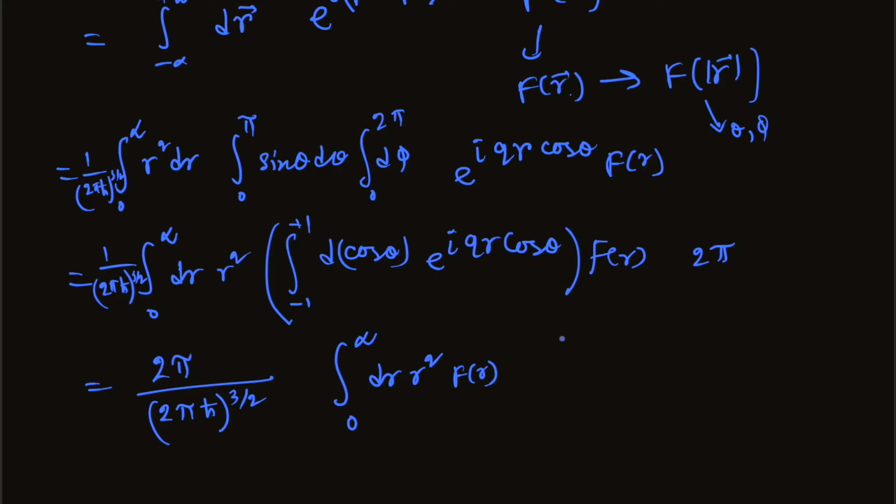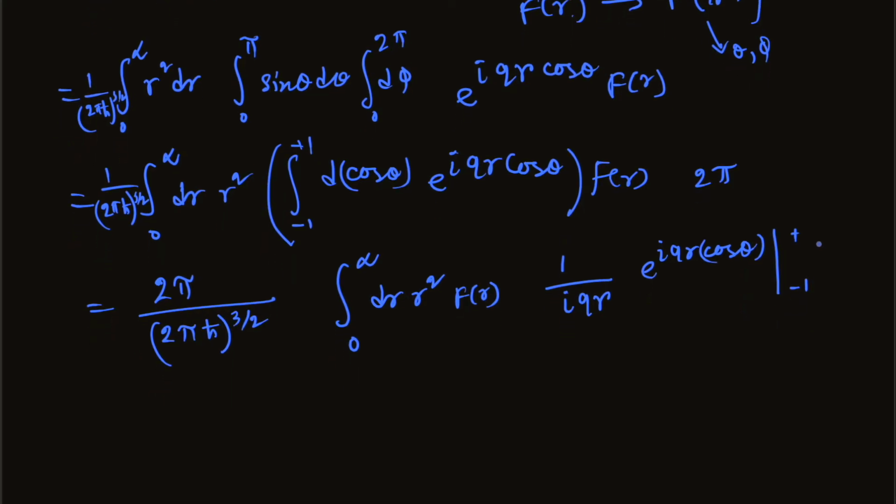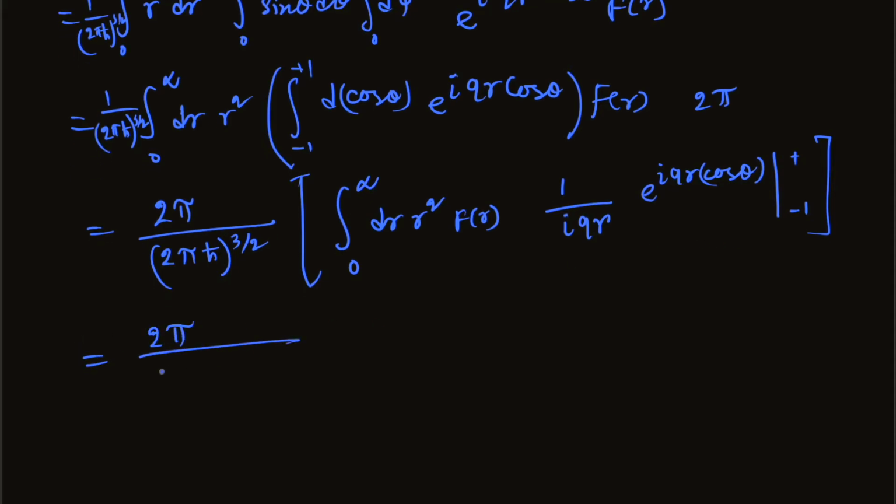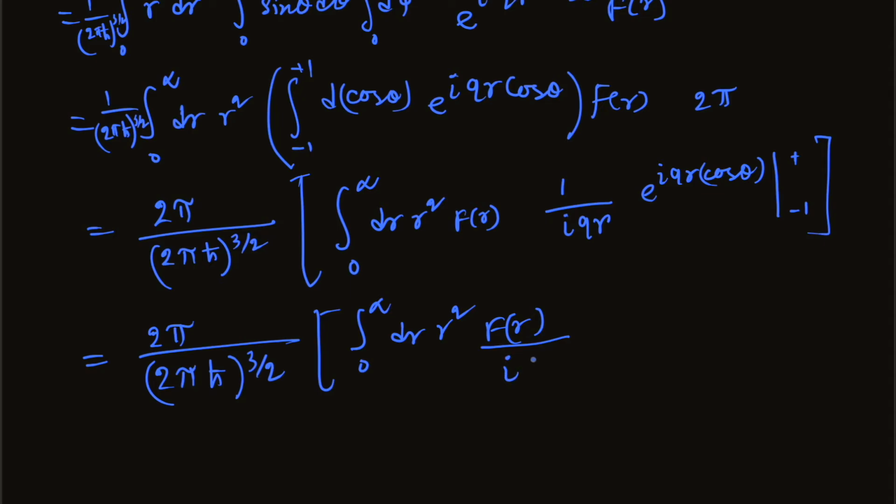It will give 1 by i q r, e to the power i q r cos theta, and the value of cos theta is from minus 1 to plus 1. That means we get 2 pi by (2 pi h cut) to the power 3 by 2, the integral from 0 to infinity dr r square f(r) over i q r.